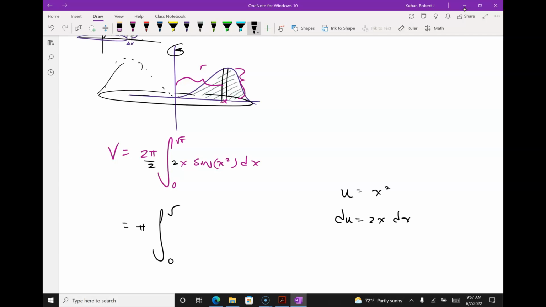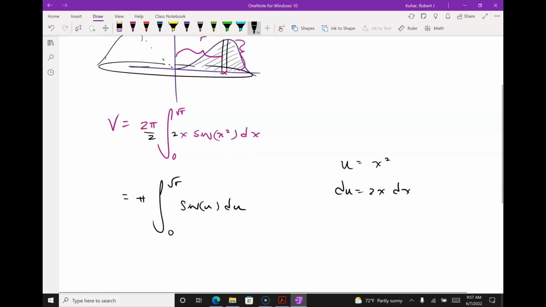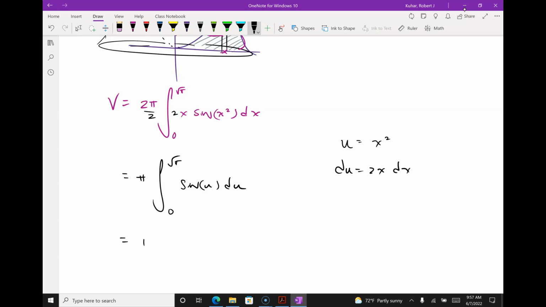So from 0 to square root of pi, go ahead. Yep. Sine of u du. So the antiderivative of sine is negative cosine.